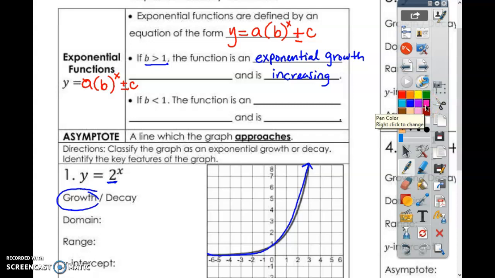If b is less than 1, so if the number with the exponent is smaller than 1, then it's going to be an exponential decay, and it will be decreasing, like problem number 2.